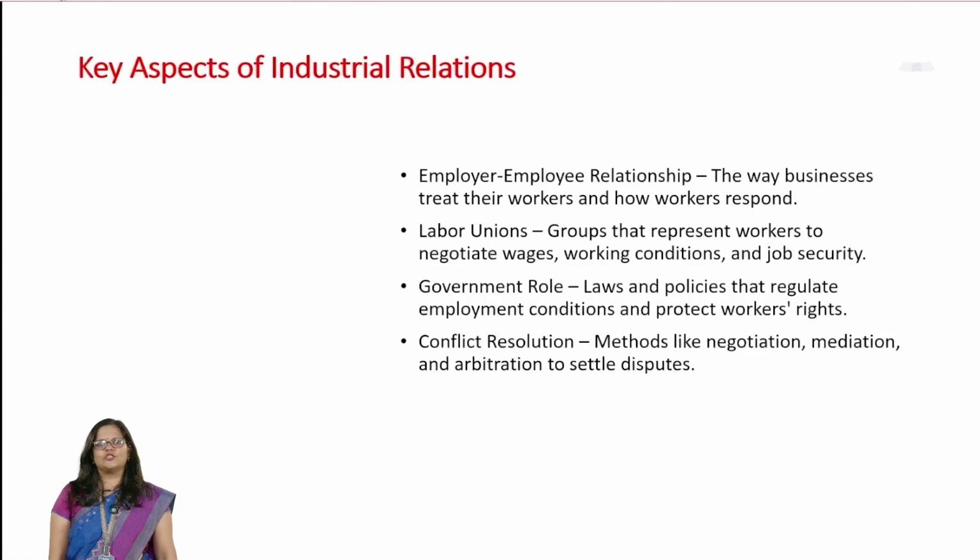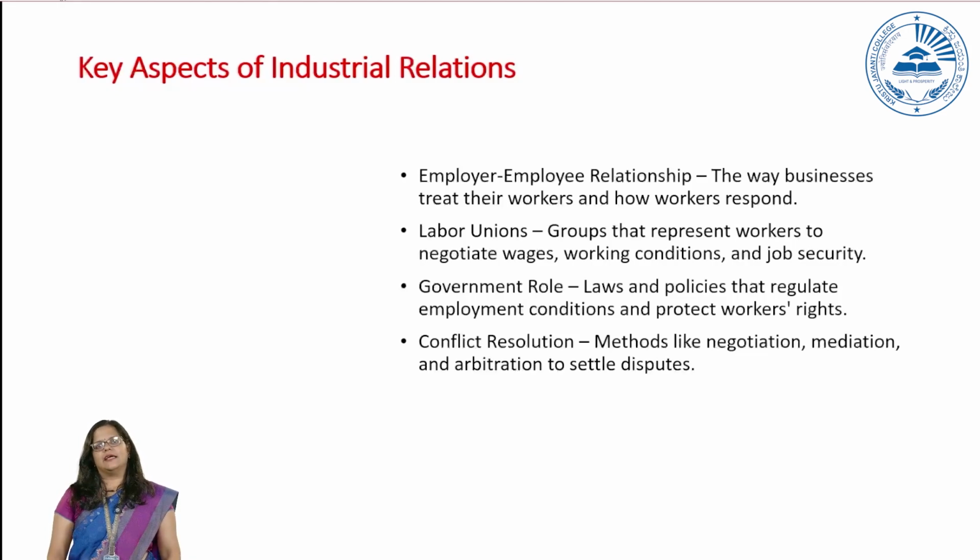So, moving on to the key aspects of industrial relations. So, let us see what are the key aspects of industrial relations. So, who all are involved in this and what happens in the industrial relations. Okay, so first and the most important aspect of industrial relation is the employer and employee relationship.